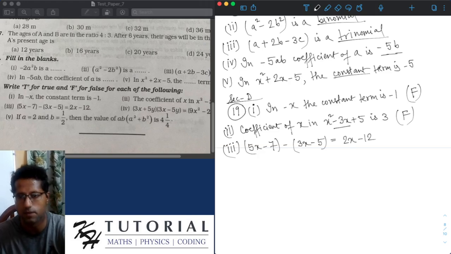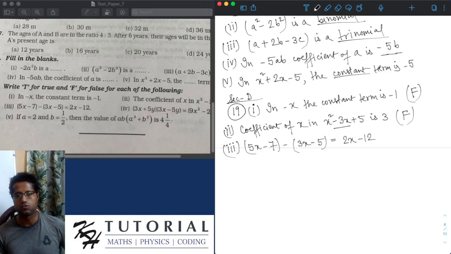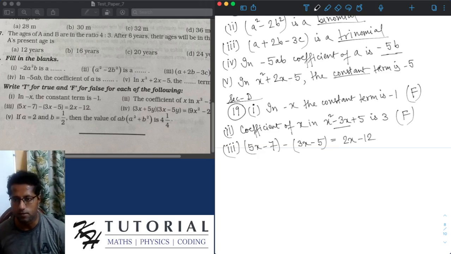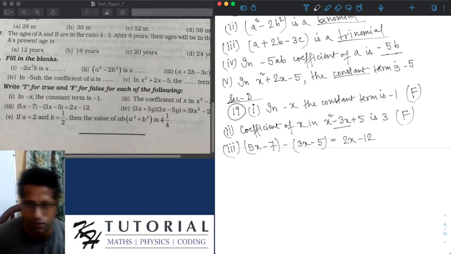So basically it is asking whether this is true or false. Now what does it mean? We have to simplify the given LHS and see whether it is coming equal to the RHS or not.